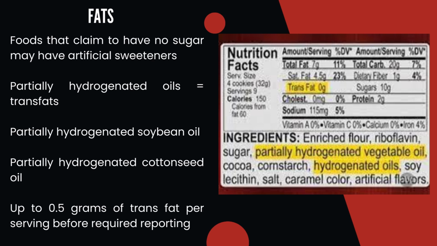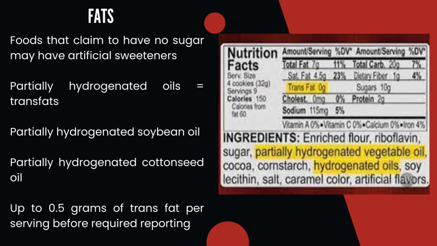So remember to not only pay attention to the top of the label, like on here, it says trans fat 0 grams, right? But if you look at the ingredients portion, you'll see partially hydrogenated vegetable oil and hydrogenated oils. So there are trans fat oils in there. It's trickery. So this is why you have to become a label reader.